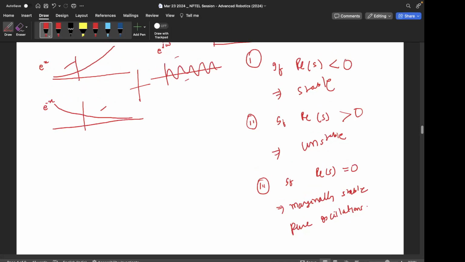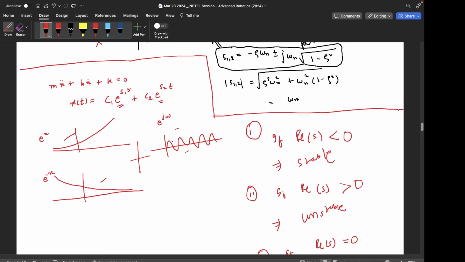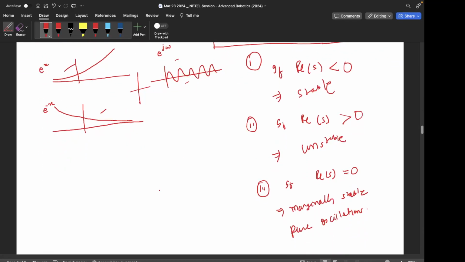In this case, there is only the e to the power j omega term, and as I mentioned, it would be oscillating with a fixed amplitude. Okay, so in this scenario, if there is a non-zero imaginary term also, the response will be exponentially decaying. So it will be like this.